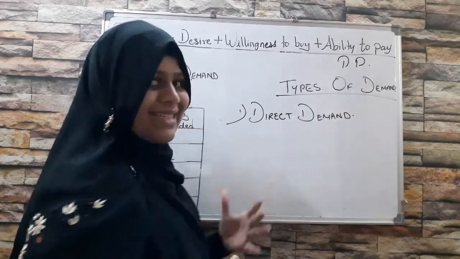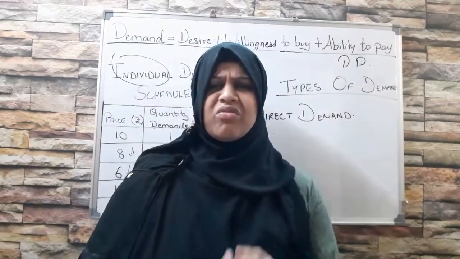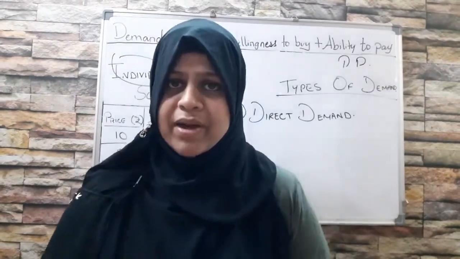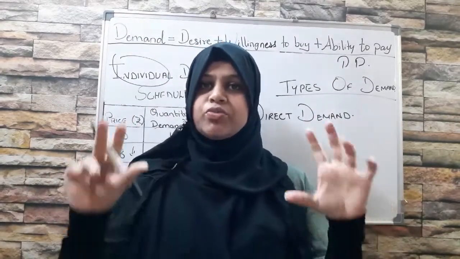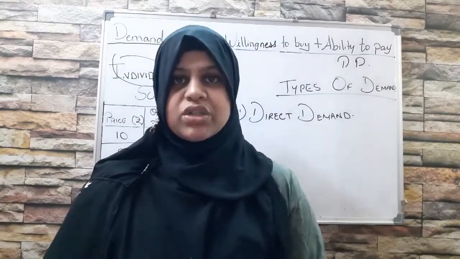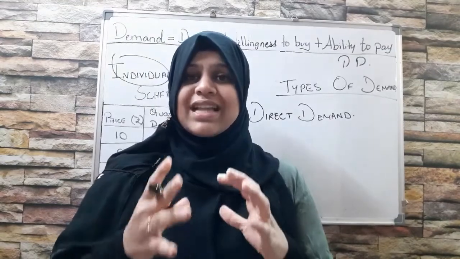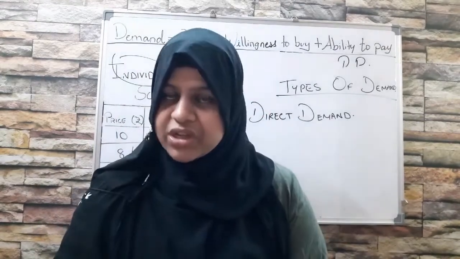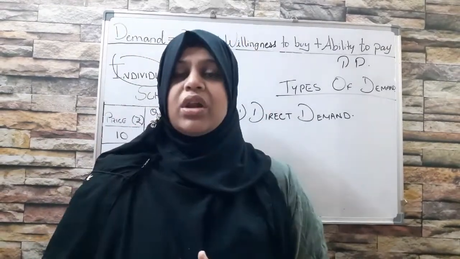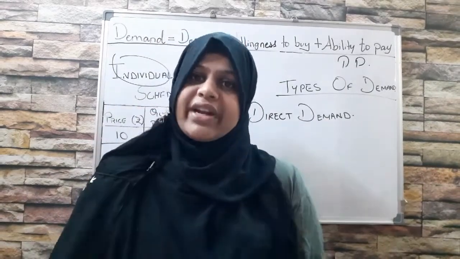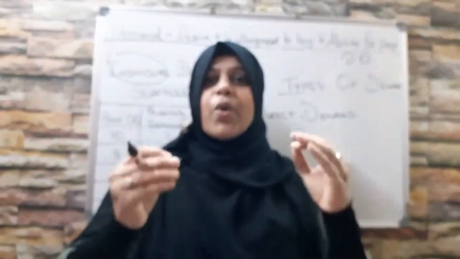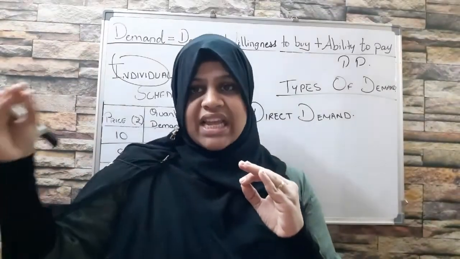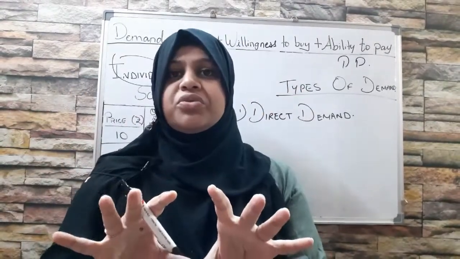Now, what is direct demand? Very simple. One simple word that you have to remember is final goods or consumer goods. What are consumer goods? What are final goods? The goods that are already produced and made available to you in the market for your direct consumption is known as direct demand. All the demand of those things which are directly available to you, it is ready made.